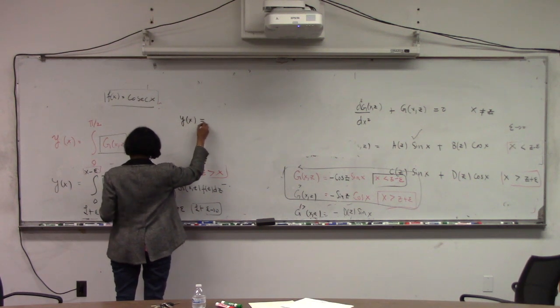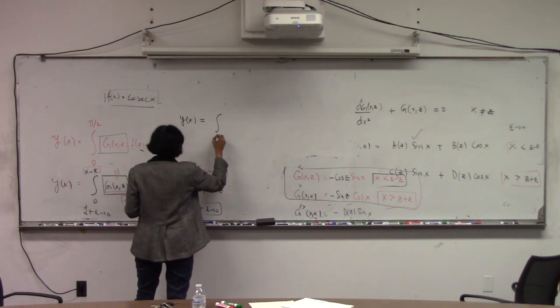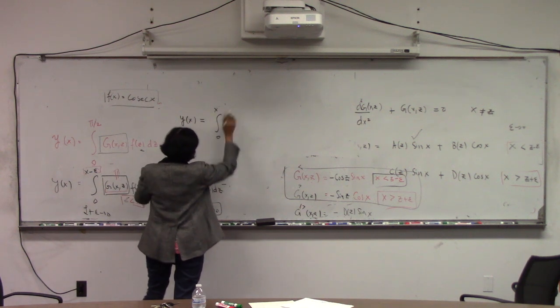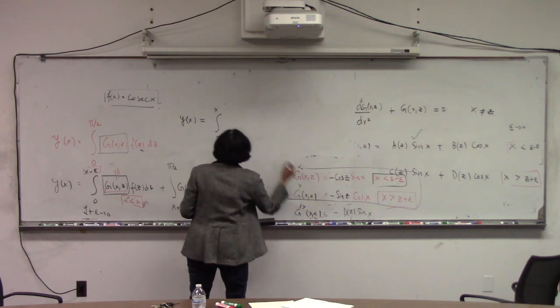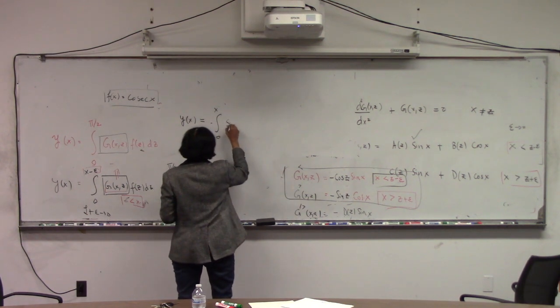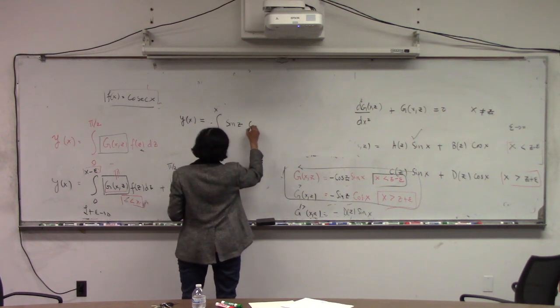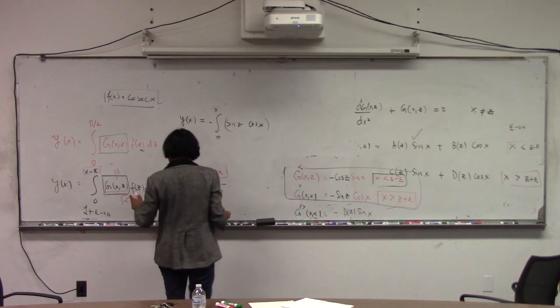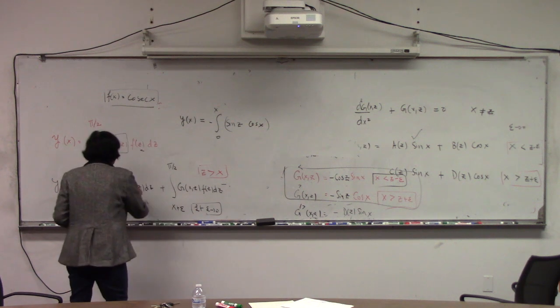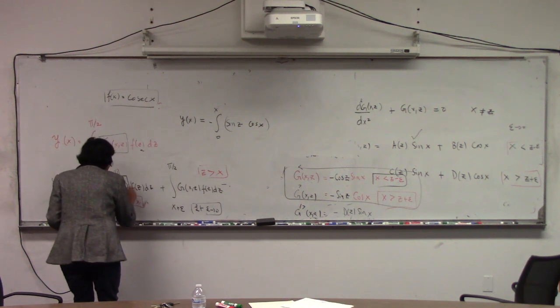So y of x is nothing but the integral from 0 to x. I'm going to now write x, not x minus epsilon. I'm going to pick up this one now, minus sine of z cosine of x. That is the correct Green's function for that. And then the other location we have to be careful is this f of z.